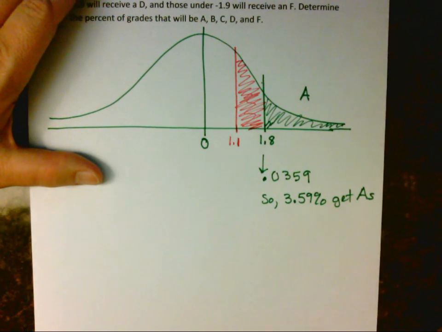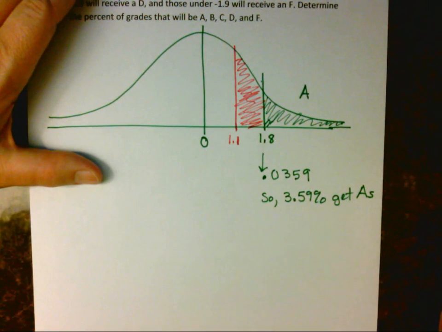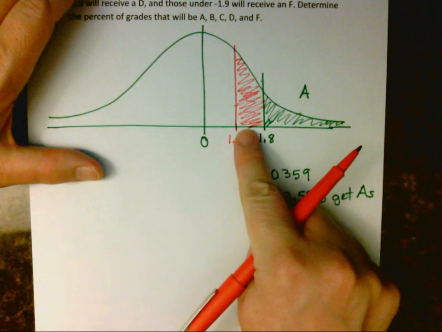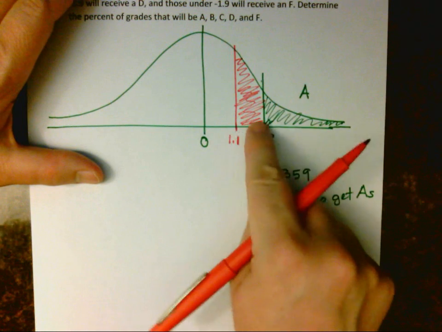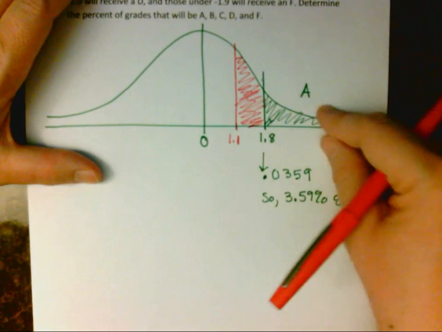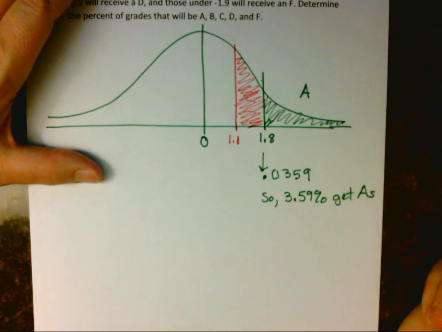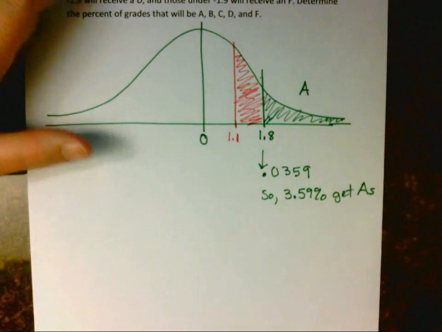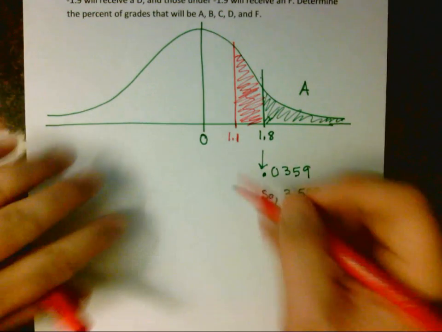Now I kind of regret looking this up this way. If I looked up the whole part by doing symmetry from here up and I subtracted that off, it would give me the same thing. Or since these are both positive z's, I'll look them up. That's what we said we were going to do.